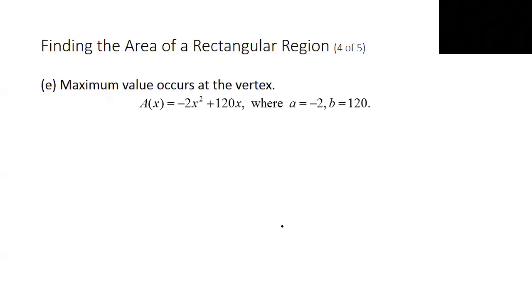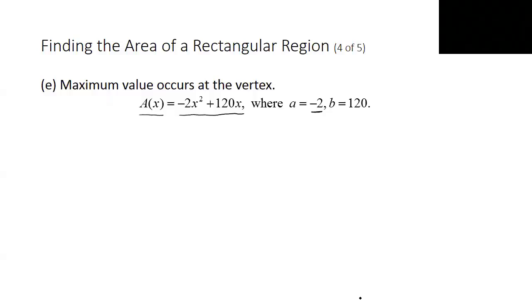So for part E, they're asking what is the maximum area the farmer can enclose. In this case, the maximum area would be, remember, A of x equal to minus 2x squared plus 120x, where a is equal to minus 2 and b is equal to 120.